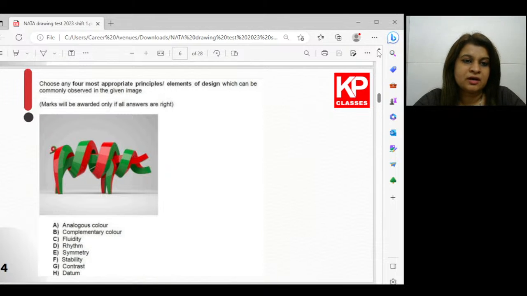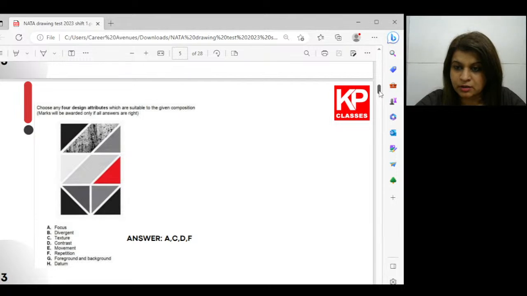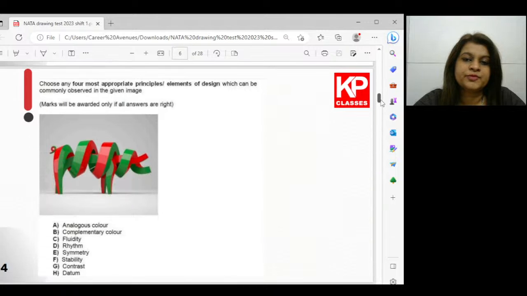Okay, so here we have another image. Now, this image again is different from the previous one that we saw, right? So here we see that it was a 2D image, right? And now the image that we are looking at is 3D.